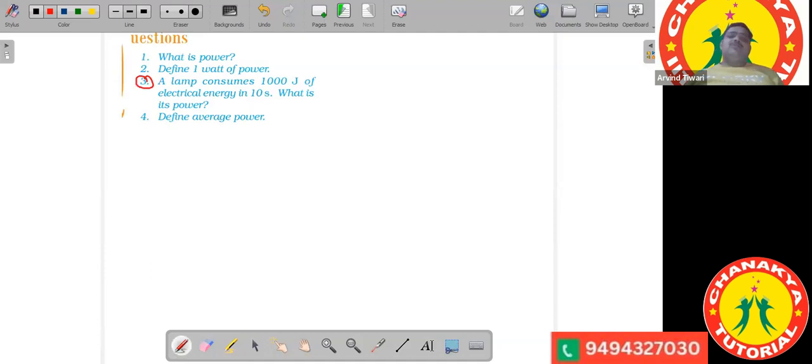A lamp consumes 1000 joule of electrical energy in 10 seconds. What is its power?